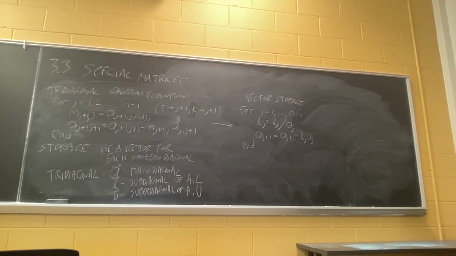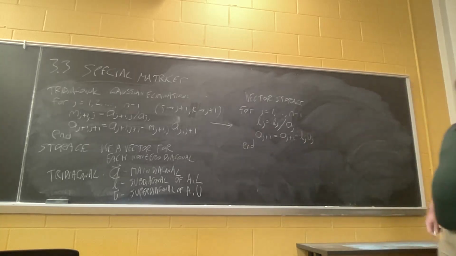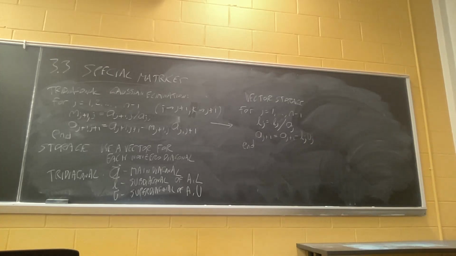For a more general banded matrix, there would be some more work involved. For instance, if it's a pentadiagonal matrix, you could eliminate 2 entries per column, and you'd have 2 operations like this to carry out the row operation.